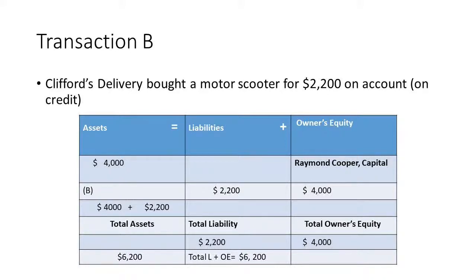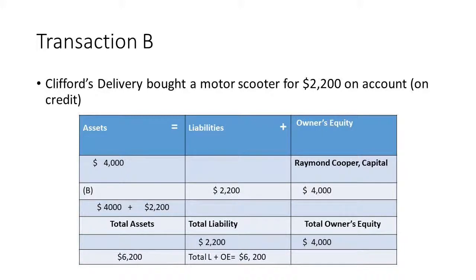Under owner's equity, remember he paid $4,000, so under capital we have 4,000. So let's now do the equation and see if we balance. We have under assets 6,200, under liabilities 2,200, and owner's equity 4,000.